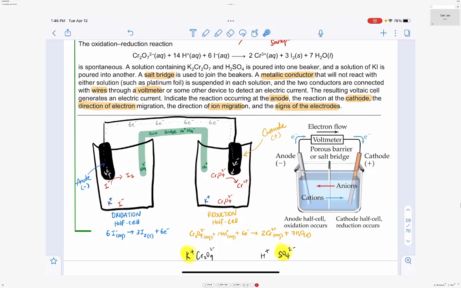If we put potassium iodide in this cell, and these two in the other cell, there will be potassium and iodide ions floating around, and the iodide will spontaneously lose 6 electrons and become iodine solid.